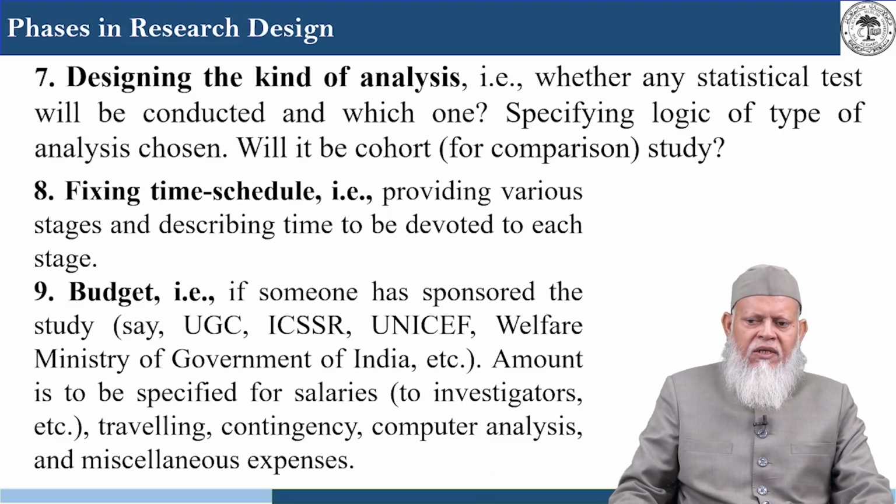Not only UGC which gives scholarships and fellowships to the research scholars, but other sponsoring agencies like ICSSR or CSIR or the DST, or the ministries, for them a budget has to be presented, specifying all heads of expenditures.